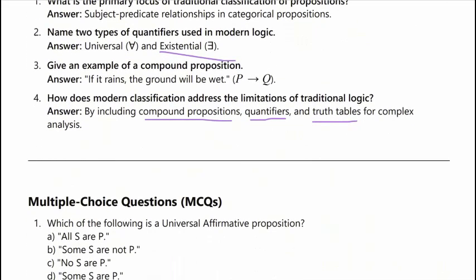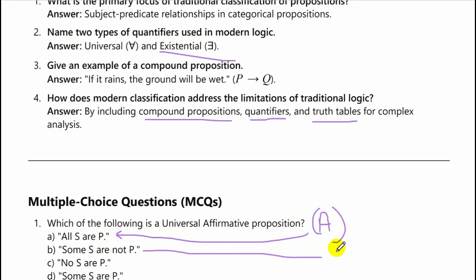Let's look at a few MCQs. Which of the following is a universal affirmative proposition? Universal affirmative is represented by proposition type A. A means this one: all S are P. Some S are not P is represented by which proposition?